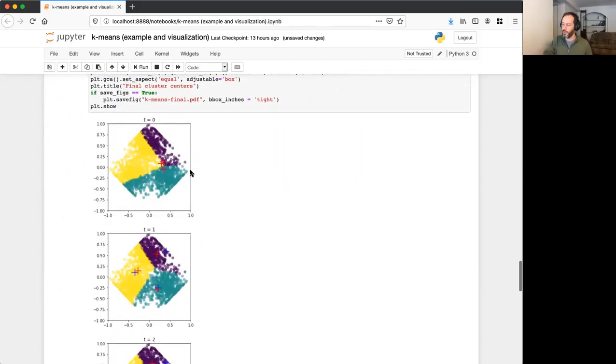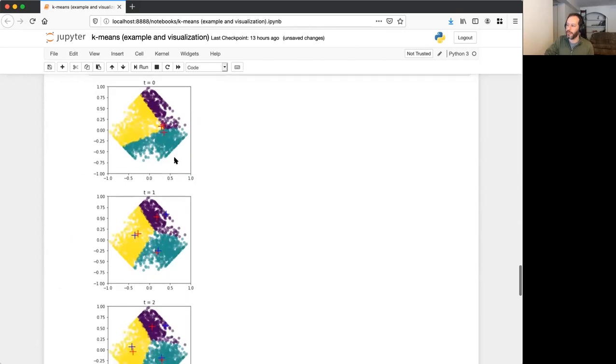So what is going on here? The red crosses are the initial centers for both the private and the non-private algorithm. And then the points have been clustered according to which of the red crosses they're closest to. So these are the regions, S1, S2, and S3.